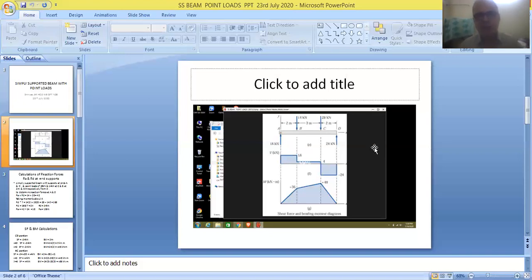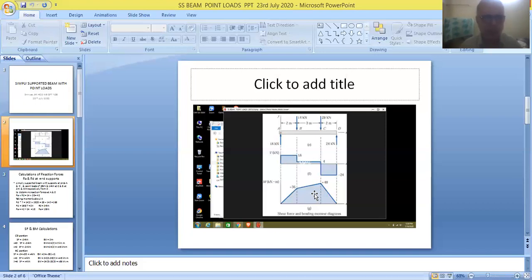So first frame the equations for the CD portion, then frame the equations for the BC portion, and finally frame the equations for the AB portion. Of course, make calculations, and we can easily prepare the SF diagram, which is the result given in the problem, and the other result, that is the BM diagram, the bending moment diagram.